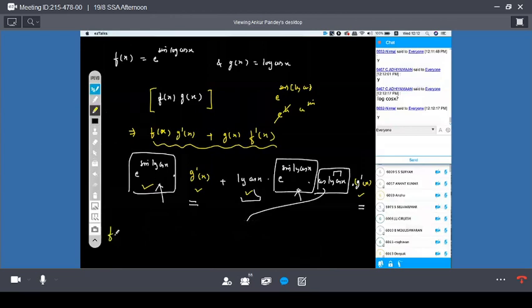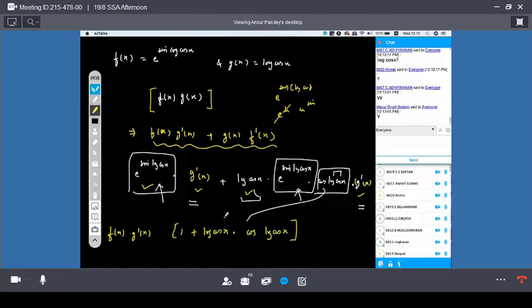Okay, f of x common, g dash x common, 1 plus log cos x into cos of log cos x. Is it okay? Right?